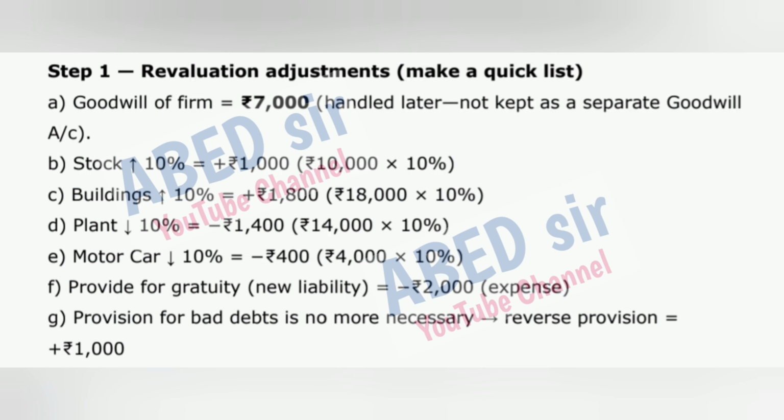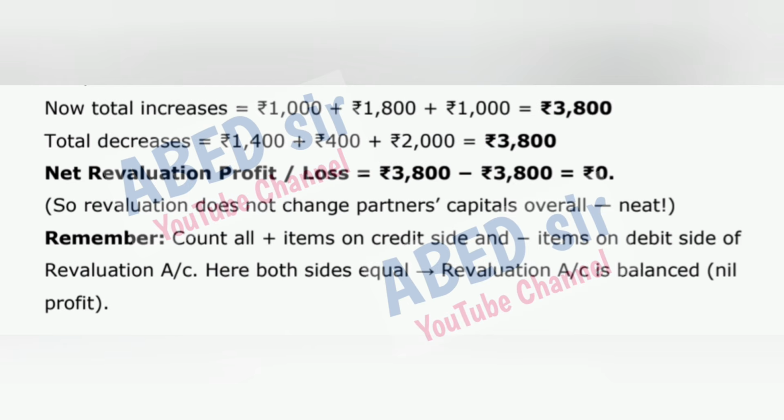F. Provide for gratuity, new liability, is equal to 2,000 expense. G. Provision for bad debts is no more necessary, reverse provision is equal to plus 1,000. Now total increases is equal to 1,000 rupees plus 1,800 rupees plus 1,000 rupees is equal to 3,800 rupees.